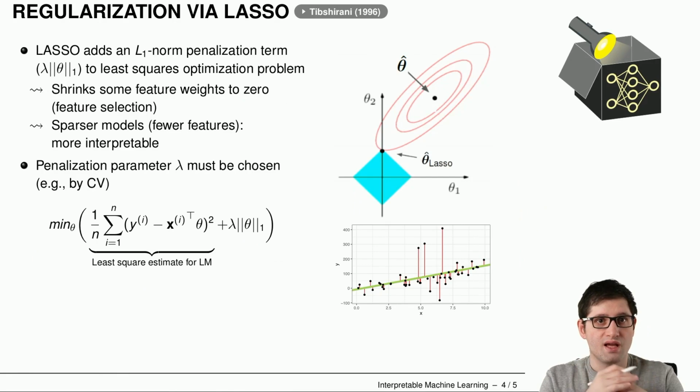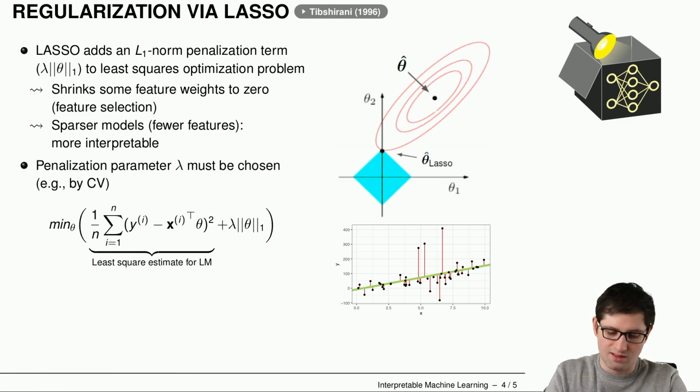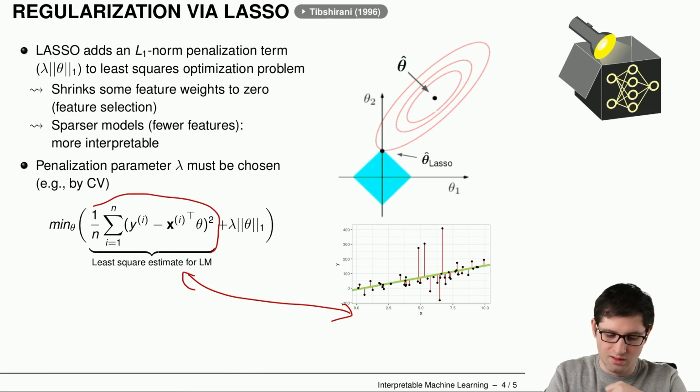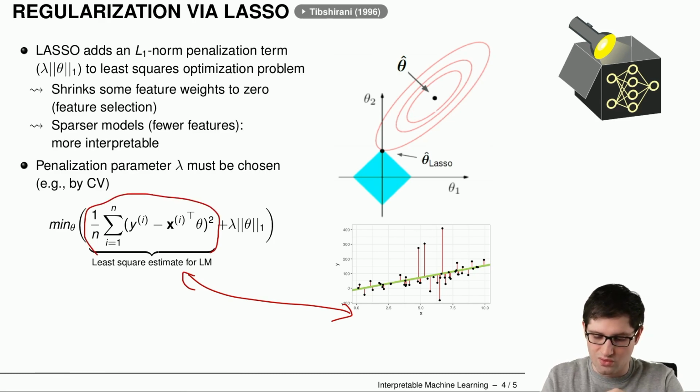So another extension that can improve the interpretability, especially if we have a lot of features and a lot of interactions, is the so-called LASSO. Essentially, the difference is that instead of minimizing only the least square estimate as done for a linear regression model, so what we have in this formula here, we are trying to minimize all of these residuals.